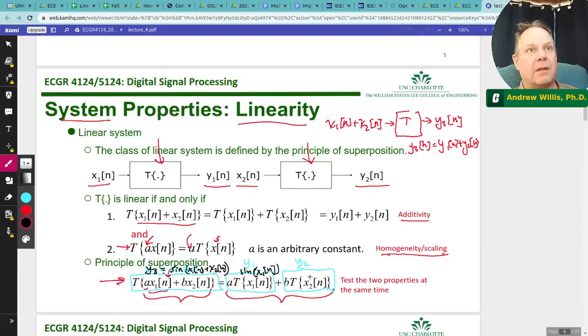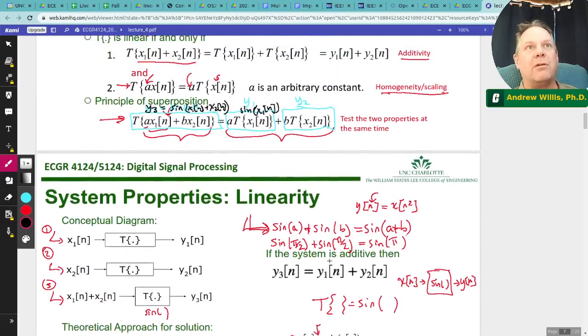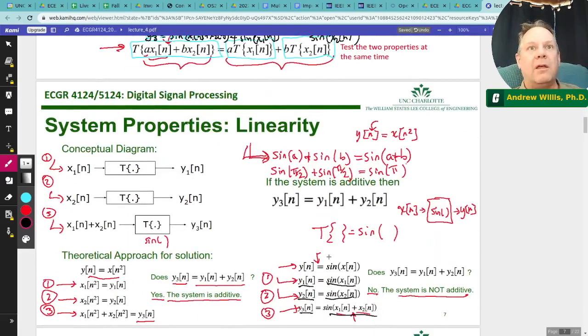Remember, y1 is sine of x1 of n, y2 is sine of x2 of n, and y3 is sine of x1 plus x2. For the principle of superposition to be obeyed for a linear system, this has to be true. But this is not a true relationship, so this is not satisfied. This is not linear. The system that is the sine of the input is not linear.